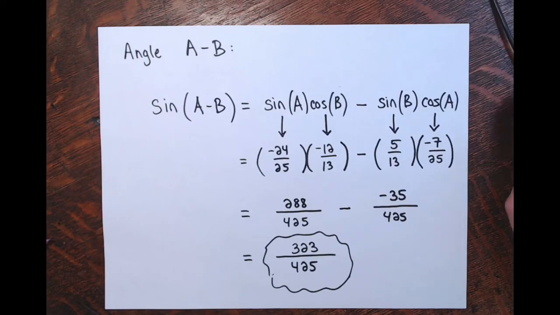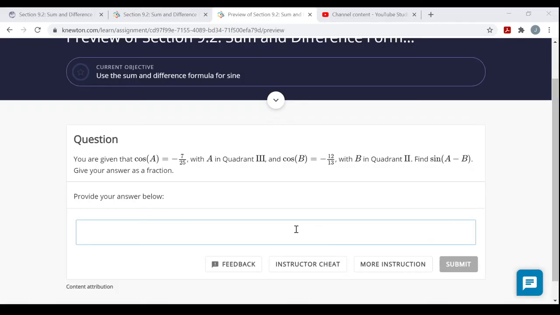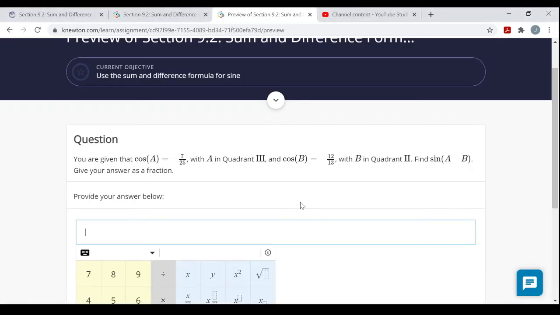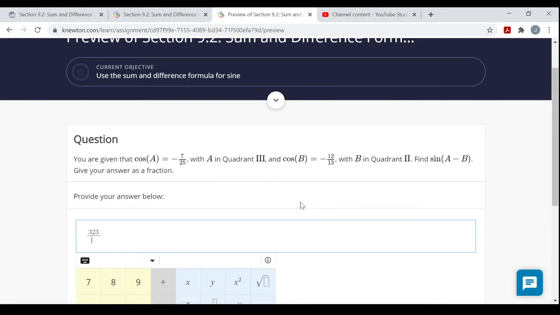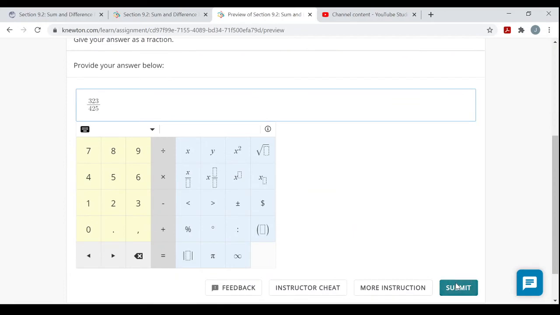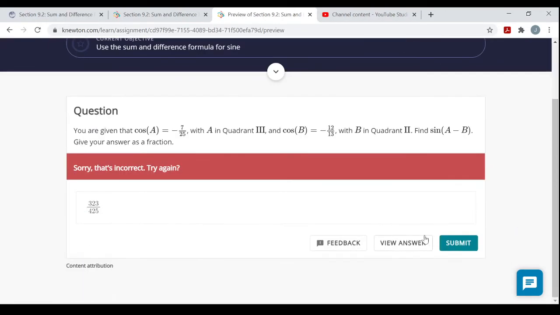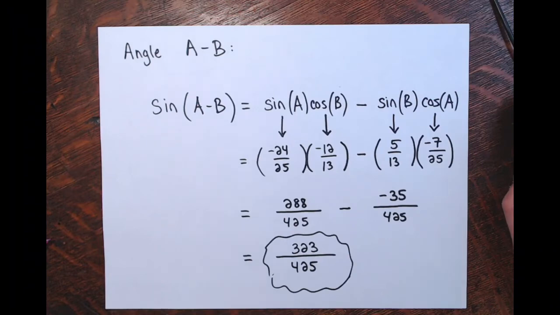So back on the question, I'm entering the fraction, 323 over 425. Oh, they must have simplified it. It must be simplified. All right, so let's simplify that fraction and re-enter it.